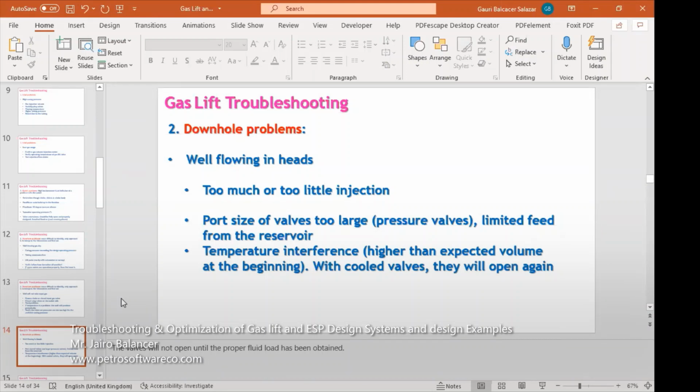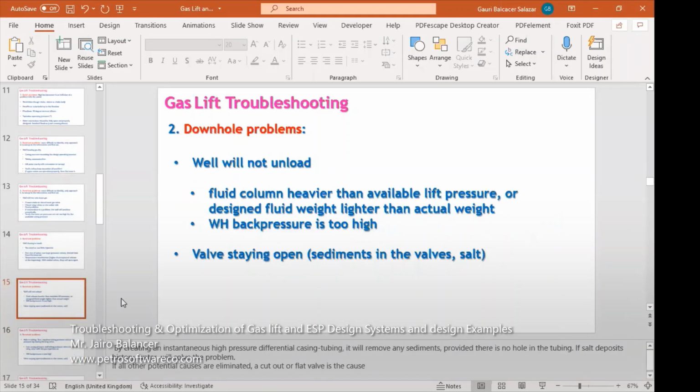Another one is that the well will not unload because the fluid column is heavier than the available lift pressure. The wellhead back pressure is too high. The valve is staying open due to sediments, salts or other deposits.